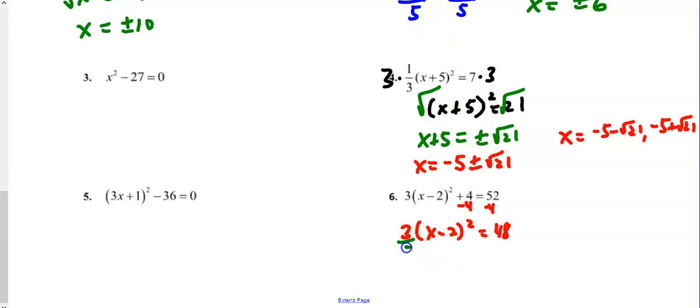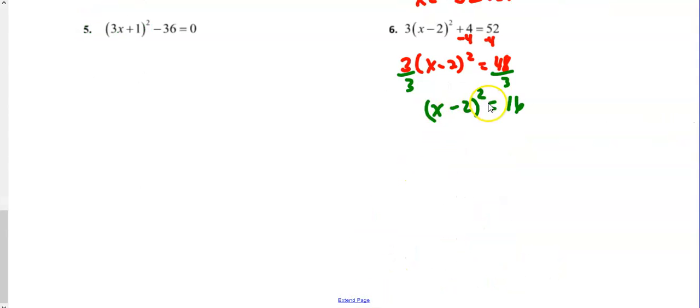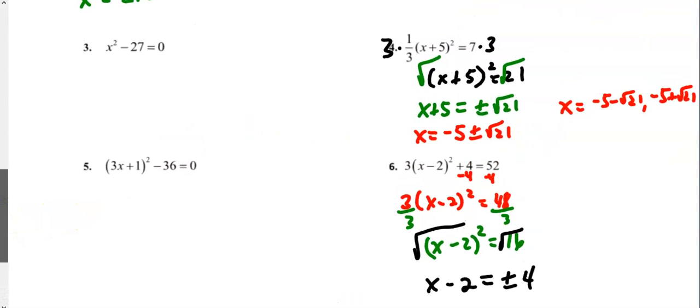Next, I'm going to divide by 3 to get x minus 2 squared equals 16. So I have isolated my square. Now I'm going to square root both sides. So I have x minus 2 is equal to plus or minus 4. So I still have 2 equations I need to solve.